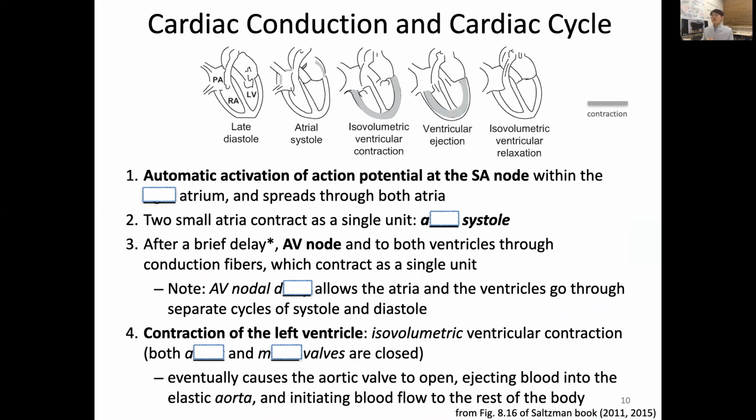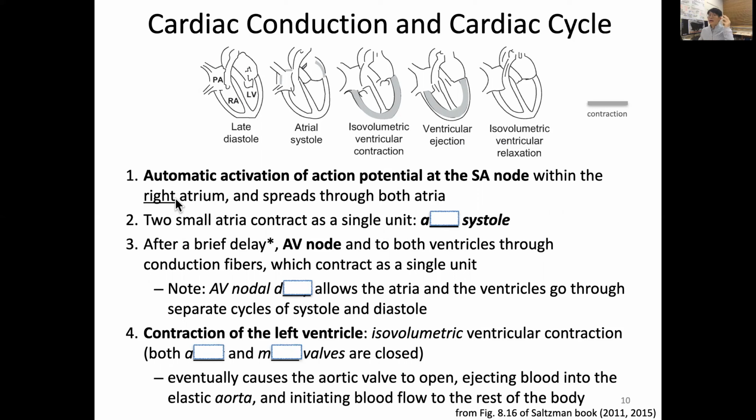So let me go through step by step how cardiac conduction is involved in the cardiac cycle. First of all, there is automatic activation of an action potential at the SA node, which resides within the right atrium. Remember that?